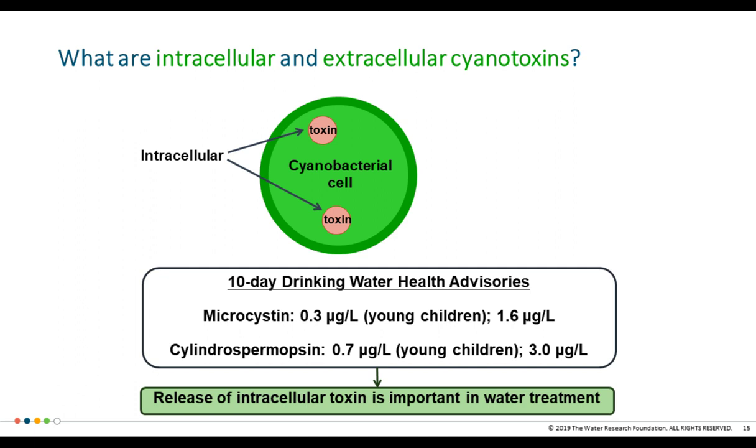With the 10-day drinking water health advisories established near conventional method reporting limits, the release of this intracellular cyanotoxin could be very relevant for water treatment plants, to the point that even small releases of intracellular toxin could exceed the health advisory. Another way of thinking about intracellular toxins may be thinking of these as kind of like a Trojan horse entering your water treatment plant.